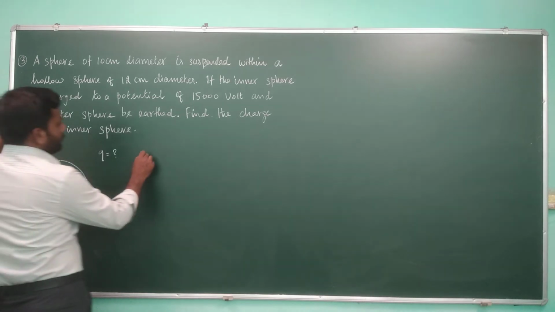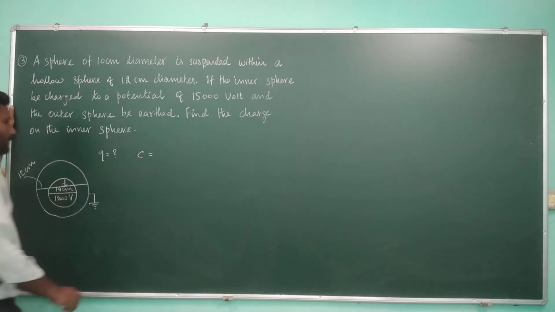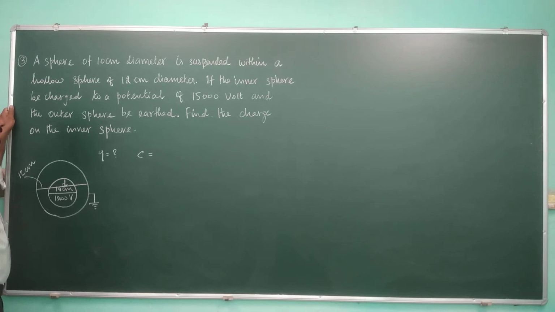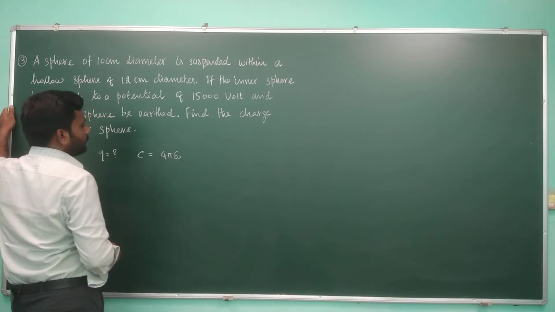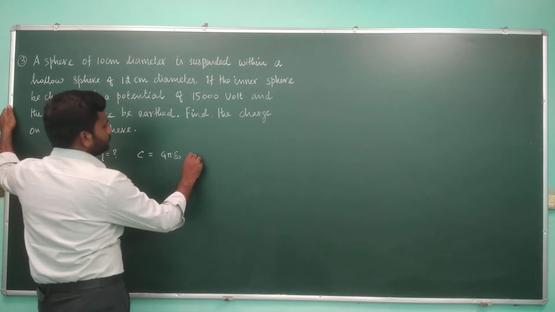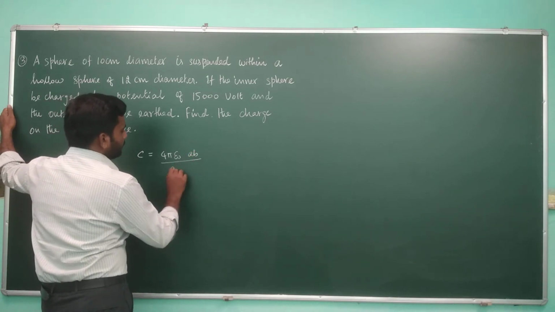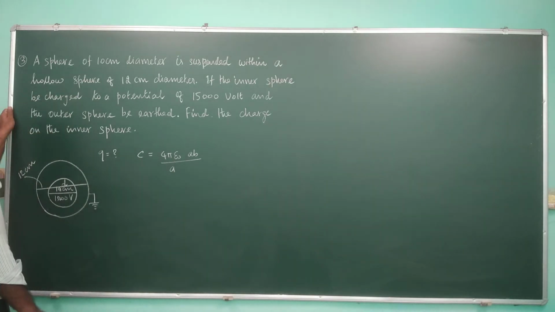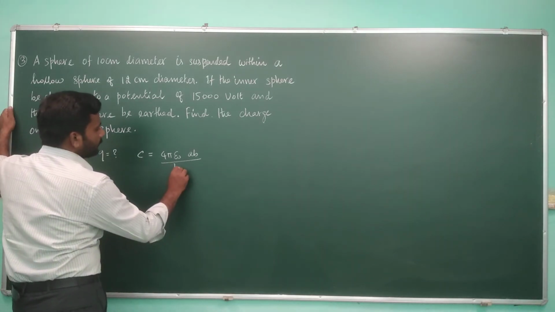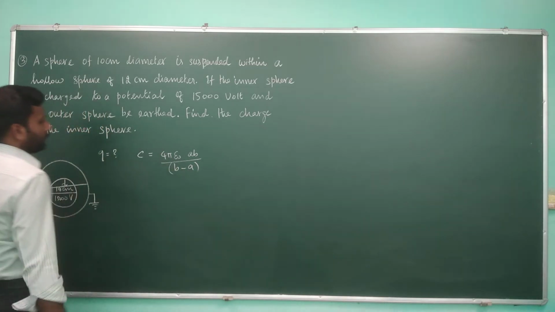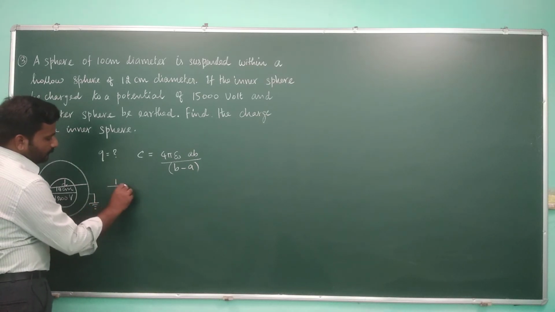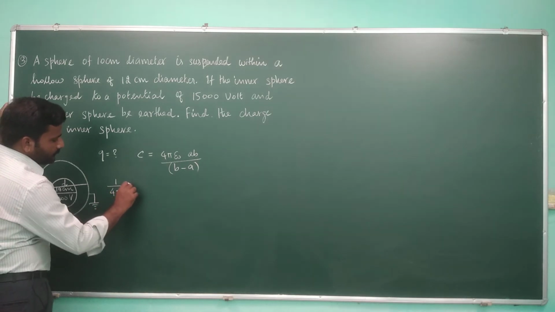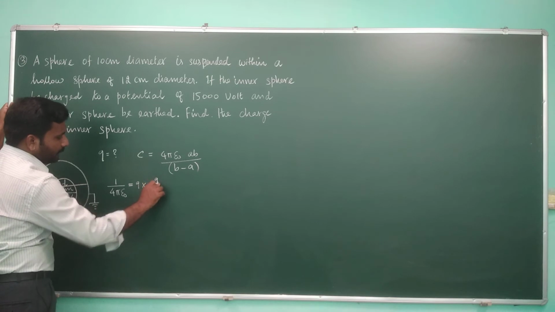The formula for this spherical capacitor is 4 pi epsilon naught AB by B minus A. And 1 by 4 pi epsilon naught is equal to 9 into 10 power 9.